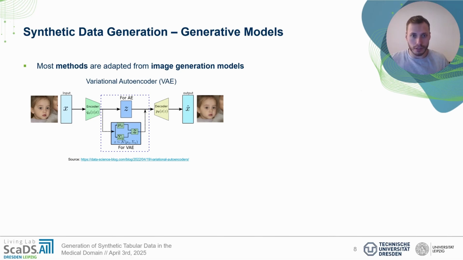And this decoder learns to reconstruct the image from that lower dimensional latent space. And in variational autoencoders, the latent space is learned to be normally distributed. This is important because once we remove that encoder, we can actually sample from a normal distribution, and then the decoder can generate out of this a synthetic image.